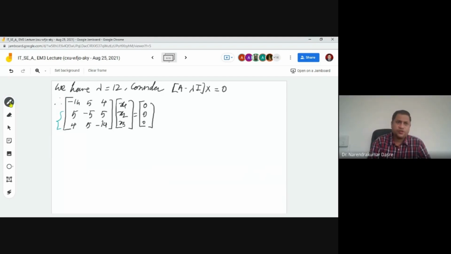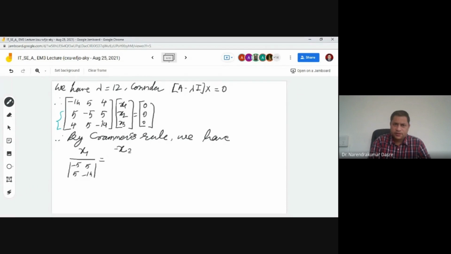Okay, so we can take the second and third equation, and hence we can write directly by Cramer's rule: x1 by the determinant of minus 5, 5, 5, and minus 14, is equal to minus x2 by the determinant of 5, 4, 5, minus 14, is equal to x3 by the determinant of 5, 4, minus 5, 5.